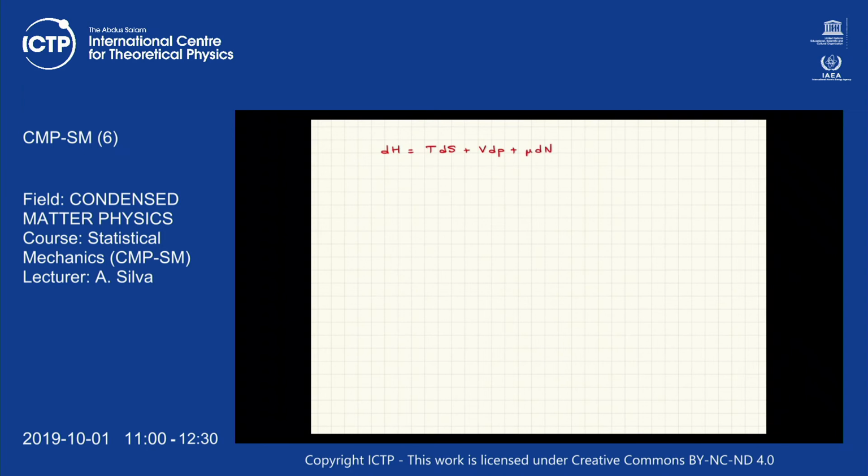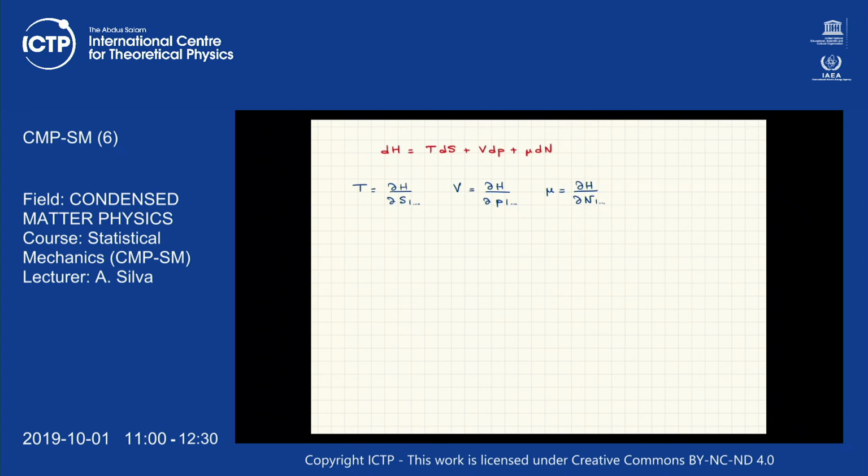Hope it's correct. Yes. And then, of course, the temperature is equal to dH/dS. The volume is equal to dH/dP. And the chemical potential is dH/dN. All right.